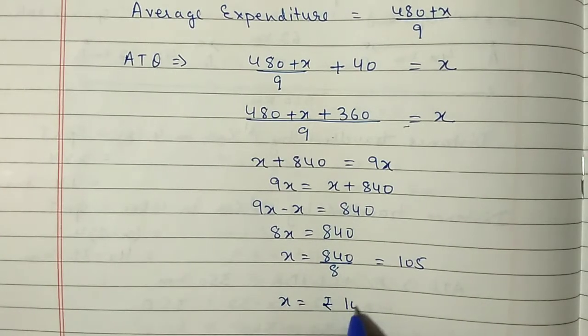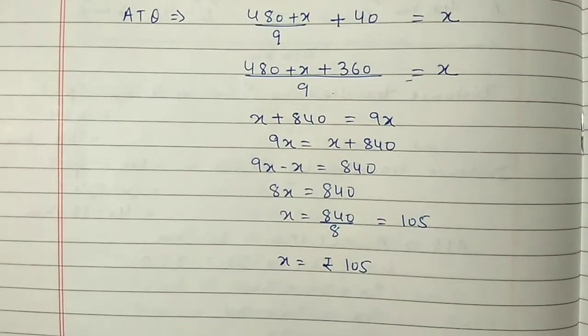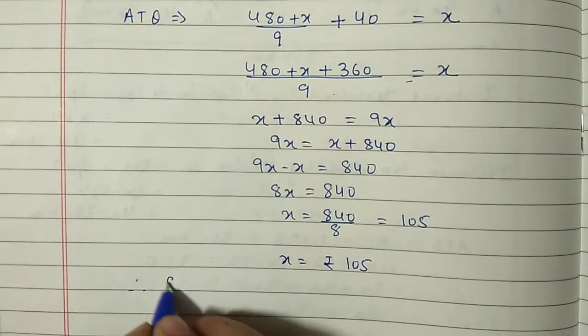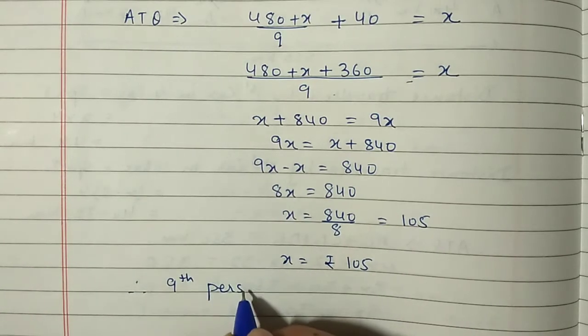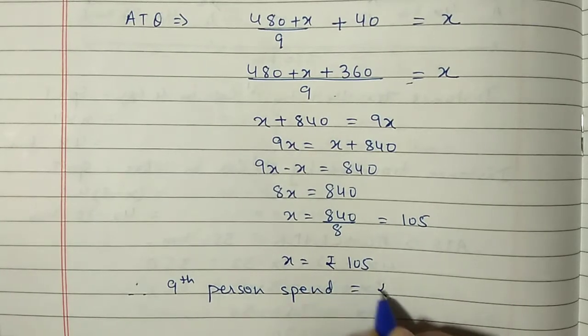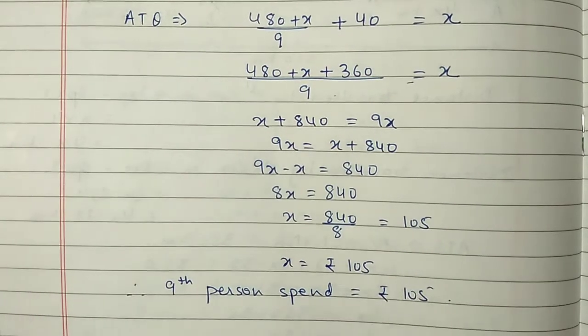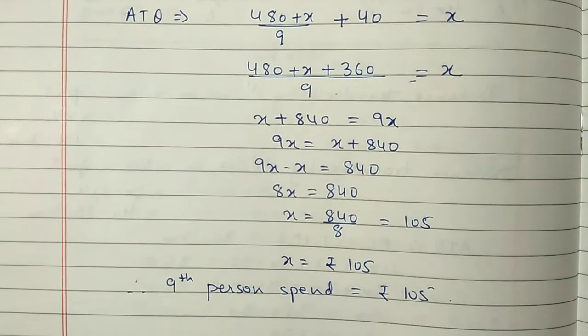It means the ninth person's expenditure is 105 rupees. Therefore the ninth person spent 105 rupees. But in the question they ask how much money was spent by all of them.